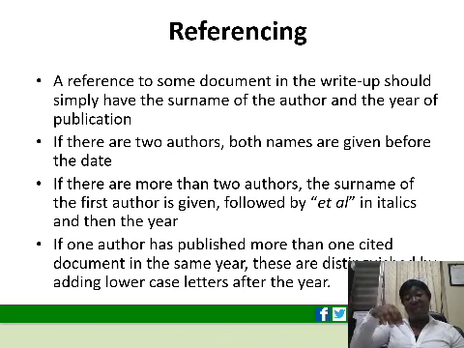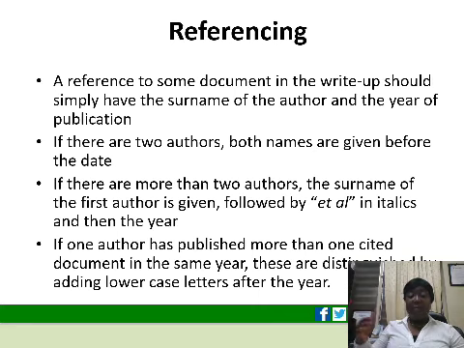when we are making a reference in the write-up, you need to put the author's surname and then the year of publication. If there is more than one author, then you list: if there are two, you put both their surnames and then the date that the publication was made.